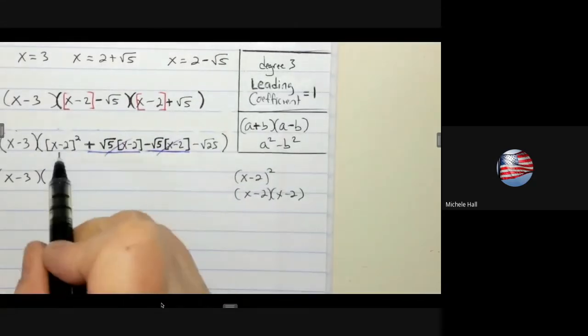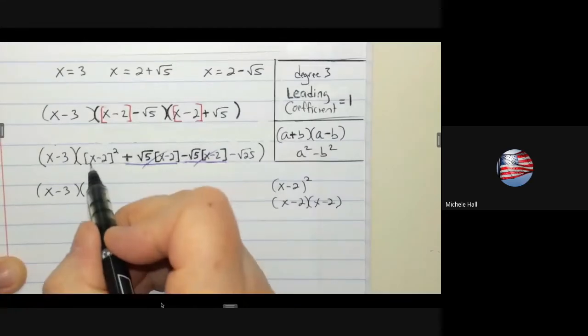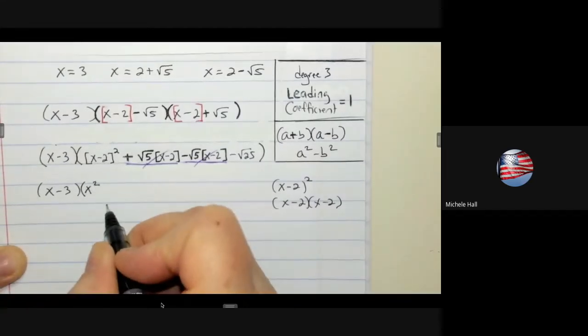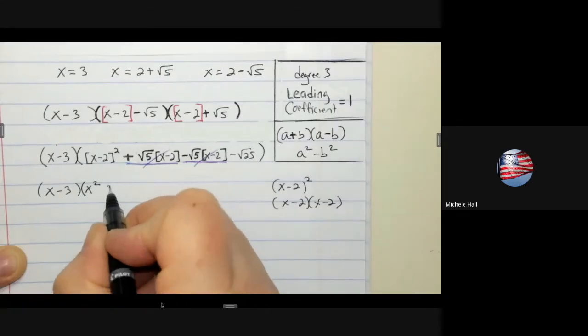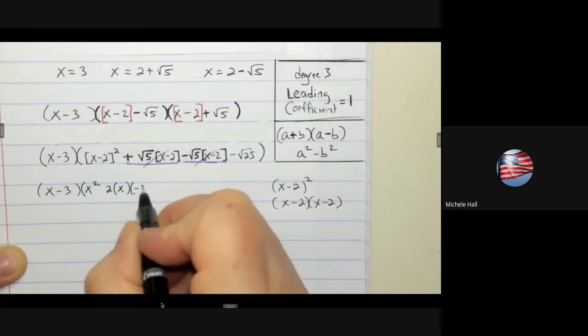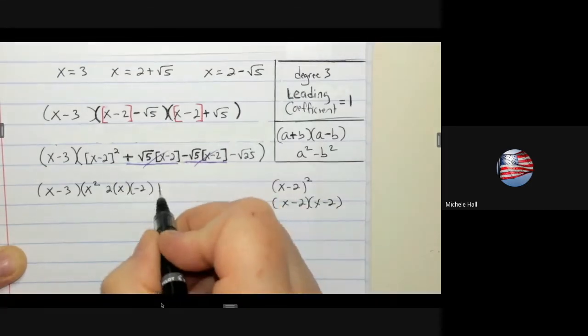Here we're going to practice expanding the binomial squared. The first term is x squared. The second term is going to be 2 times the first term times the second term. And then we have negative 2 squared, which is positive 4.